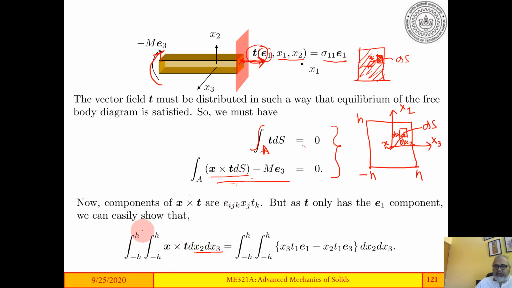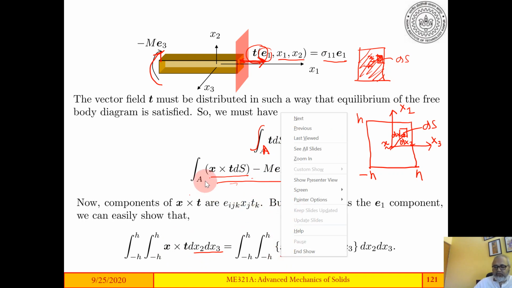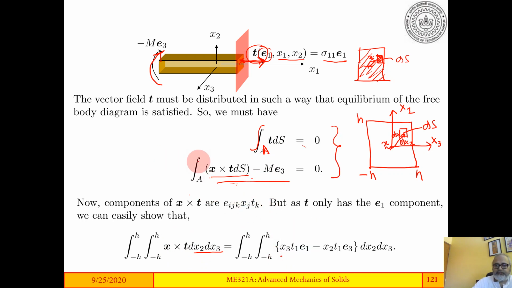minus h to h and minus h to h will give you the total moment, and that this x cross t, when you work it out, it will come out to be, so x is x1 e1 plus x2 e2 plus x3 e3.